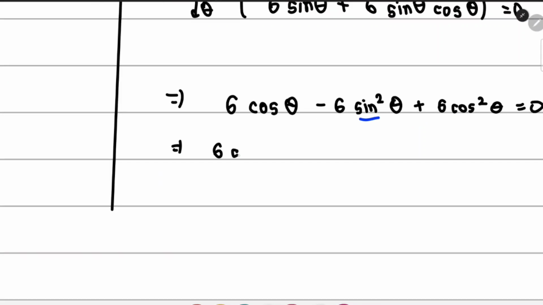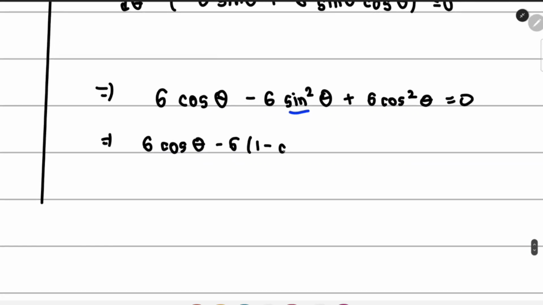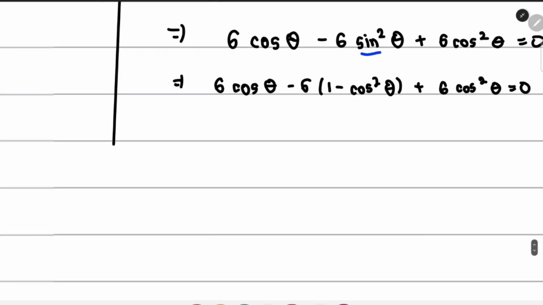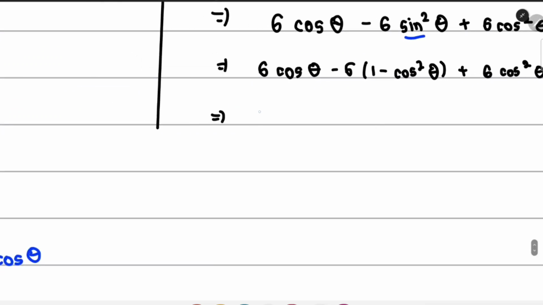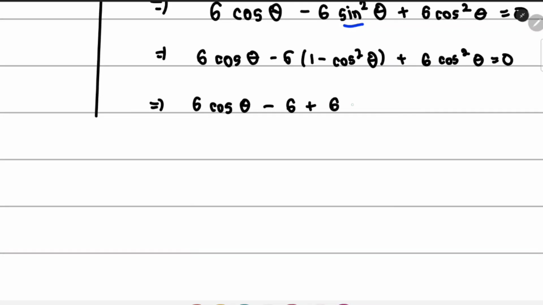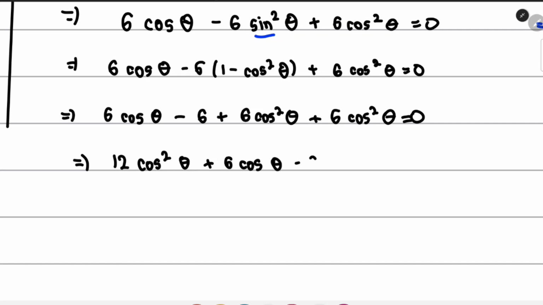So we get 6 cos theta minus 6 times (1 minus cos squared theta) plus 6 cos squared theta equals 0. 6 cos theta minus 6 plus 6 cos squared theta plus 6 cos squared theta equals 0. So we get a quadratic equation over here: 12 cos squared theta plus 6 cos theta minus 6 is 0.